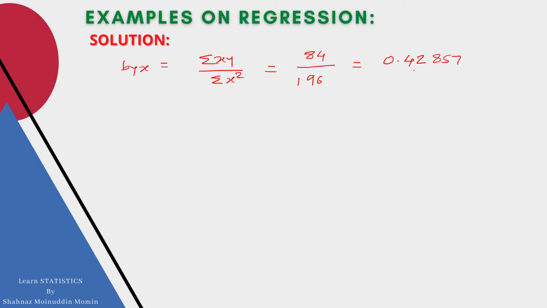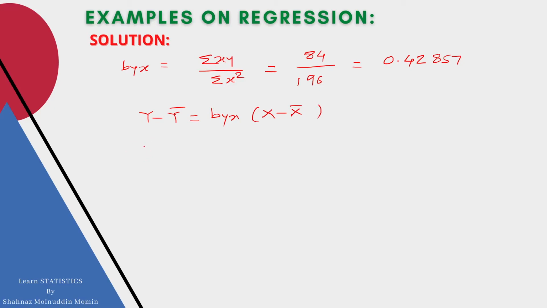Take up to 4 to 5 decimals. Then the regression line of Y on X is given by Y minus Y bar is equal to BYX into X minus X bar.